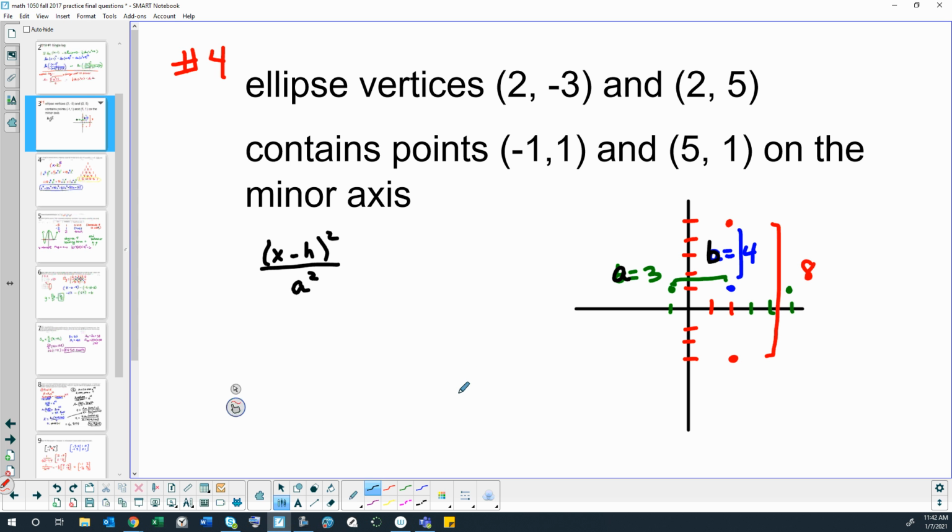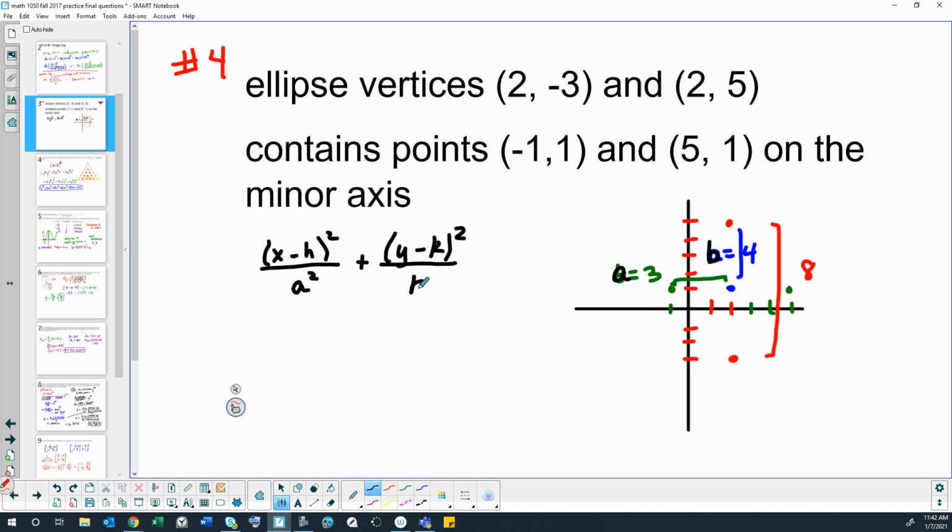I forgot because the previous textbook I used always used a as the vertices and b as the other dimension. So I just started thinking that way. But what we've been doing with this textbook is using a to represent horizontal and b for vertical. So I'll go back to that.